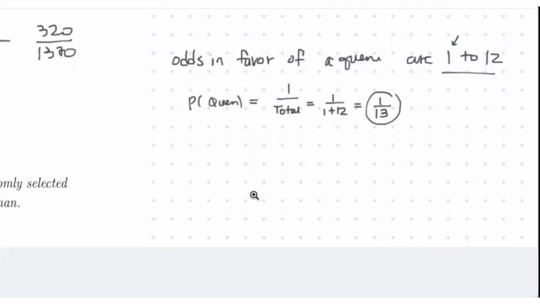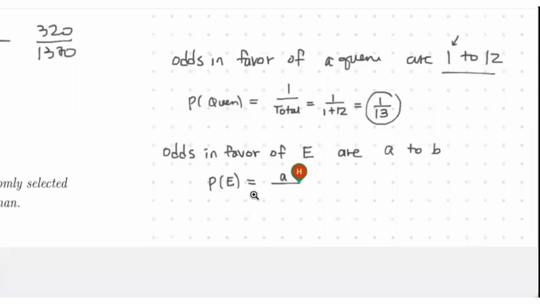So another way to say it: odds in favor of an event are given as A to B, two numbers. The probability of the event is A over the sum of those two numbers, A over A plus B. So here, odds to probability and probability to odds.